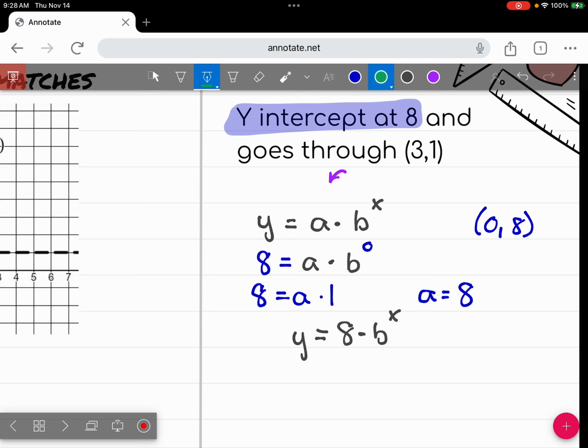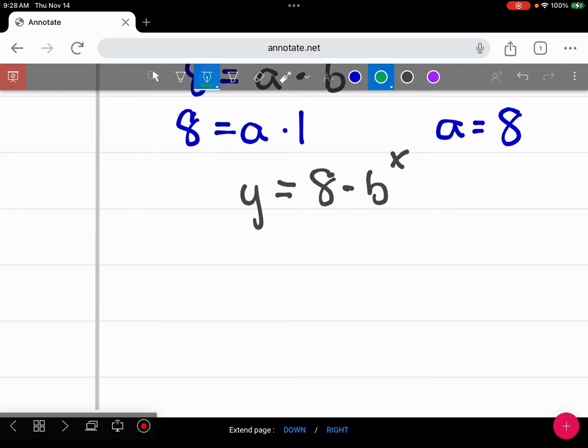So now we need to figure out the base, and I know it goes through the point (3, 1). So again, we're going to have 1 equals 8 times b to the 3rd. Substitute that point in. We want to solve for b.